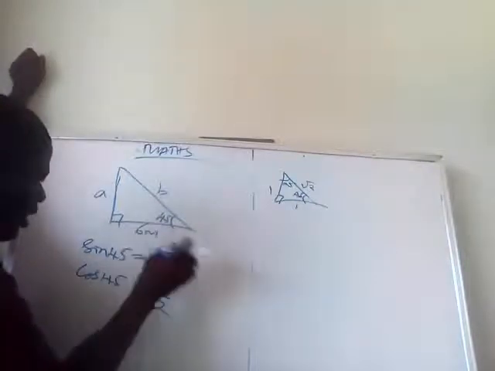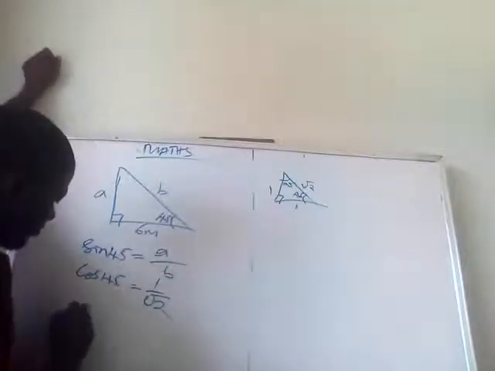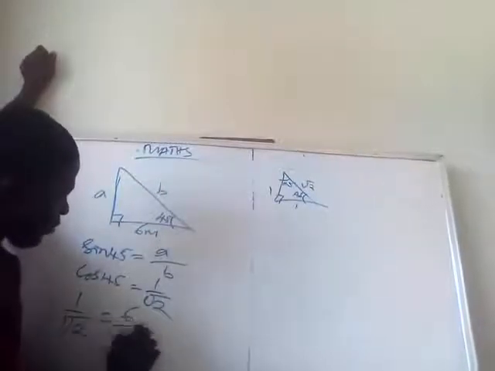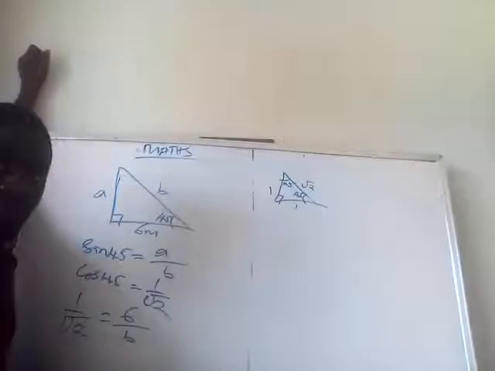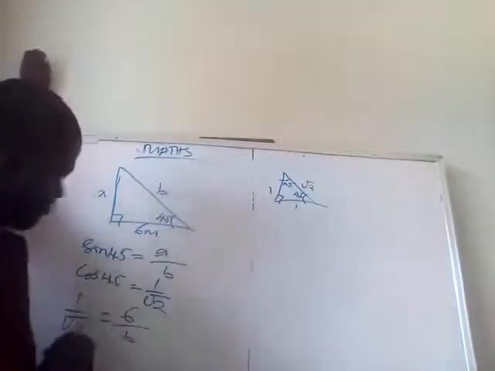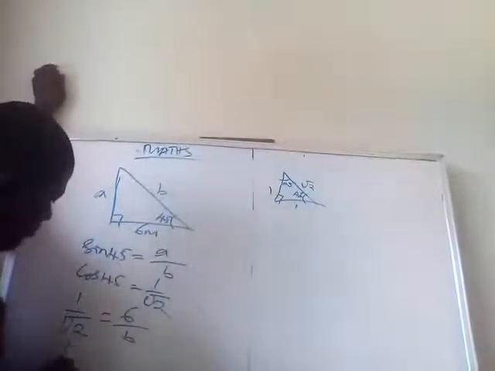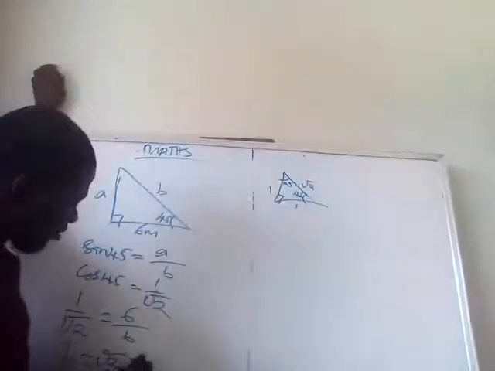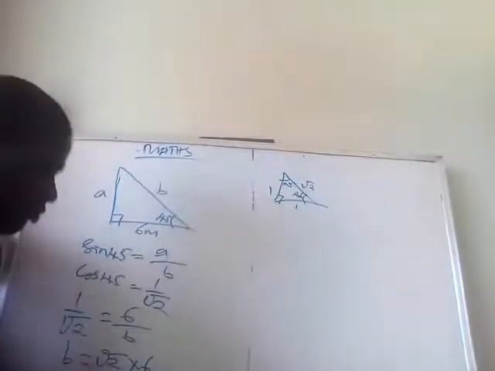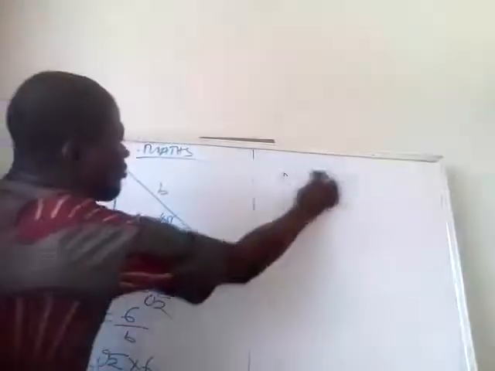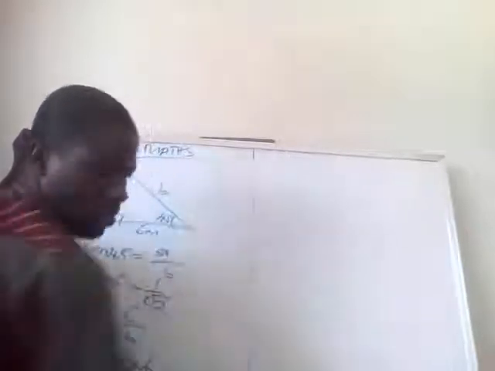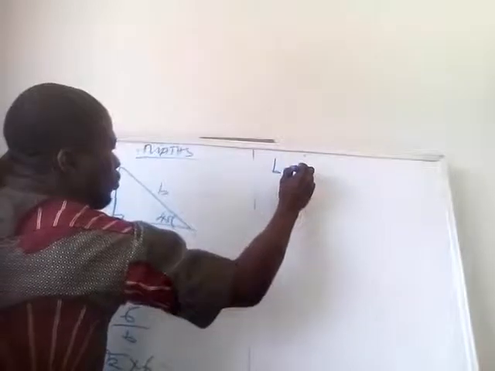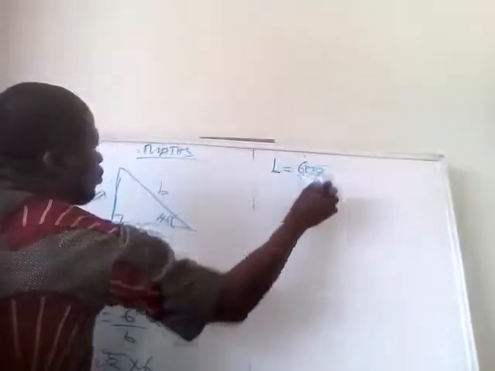Then our adjacent, we use it as 6. 1 over root 2 is equal to 6 over B. And when we cross multiply, we have B equal to root 2 times 6. So B is equal to 6 root 2.